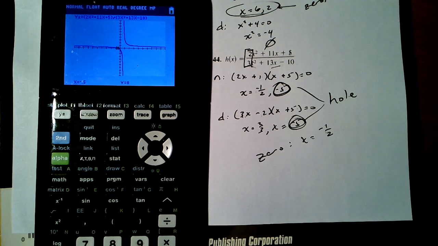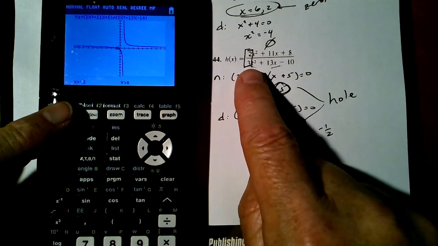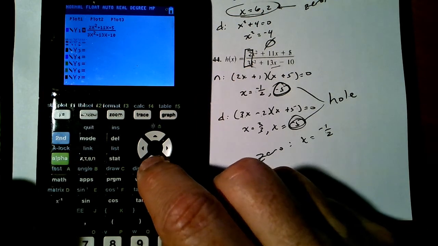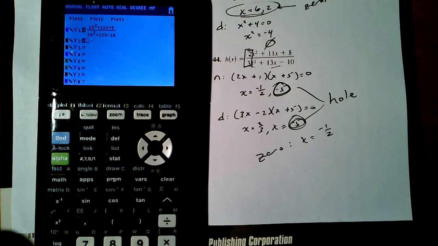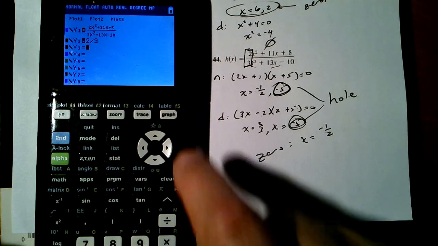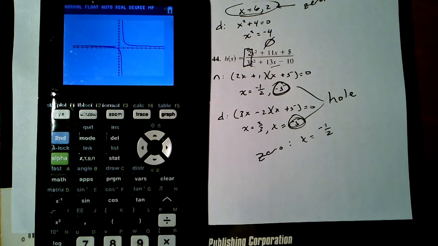Okay. If you want to check that thought on that horizontal asymptote, I'm going to just come down here and put in 2 divided by 3. And look how that graph's getting sucked right into that line. So there you go. Quick page, and that is the end of 2.6. All of these things that we talked about here are going to give us a big head start into 2.7.